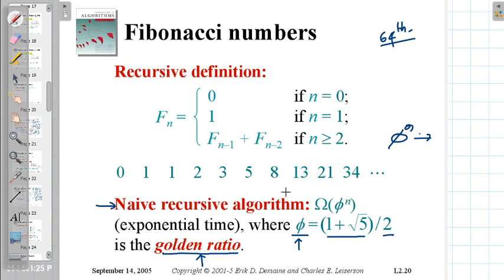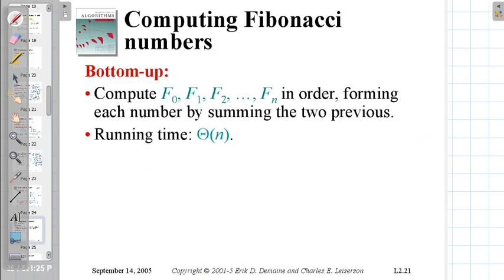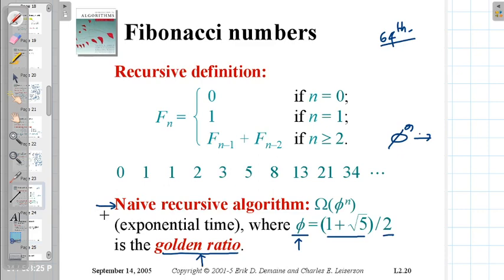I will not be focusing on that here. The main focus is how can I improve this thing? You think a bit regarding the golden ratio, and how this naive algorithm is taking omega phi power n, and why this is not good, that you also think.